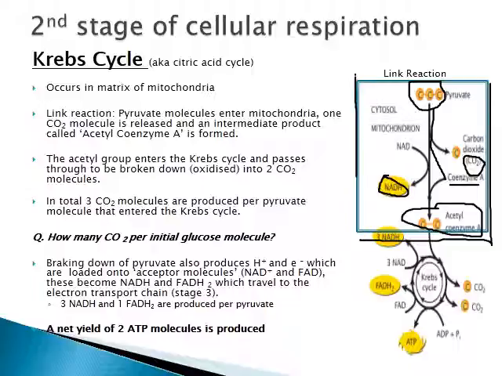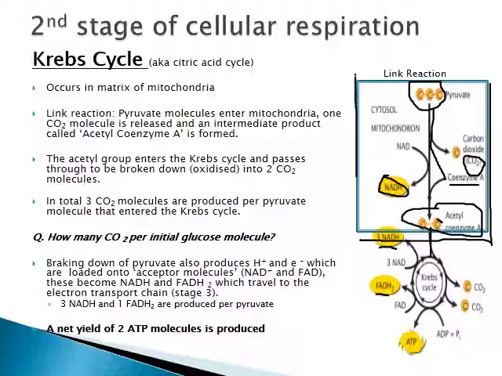Acetyl coenzyme A delivers those 2 carbons into the Krebs cycle, and then those carbons are further broken down into another 2 molecules of carbon dioxide, and by doing that we're able to produce ATP. We're able to release hydrogen ions and electrons to produce FADH2 and NADH.